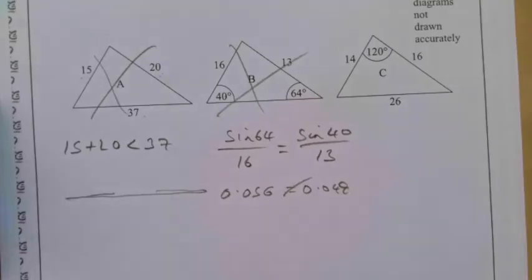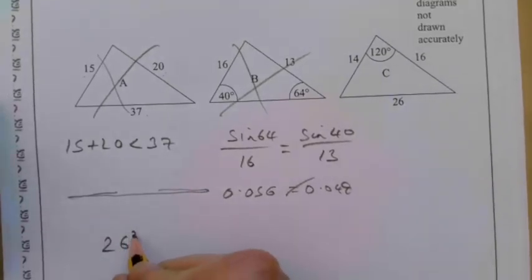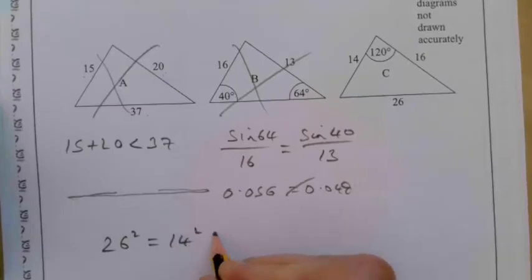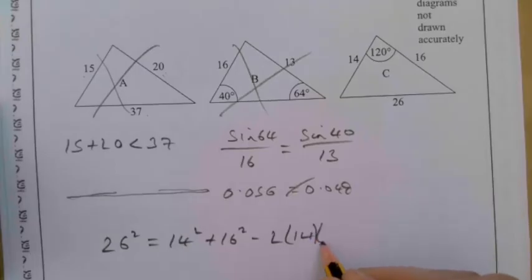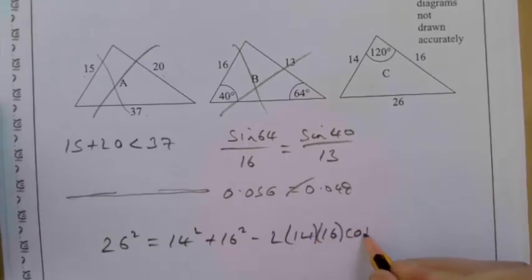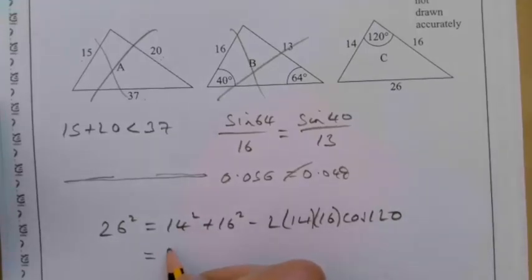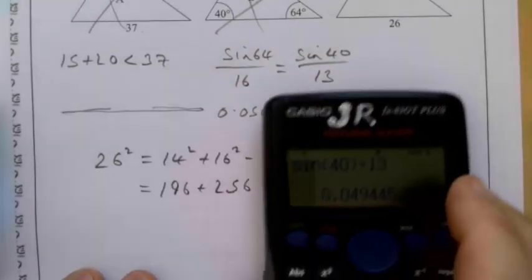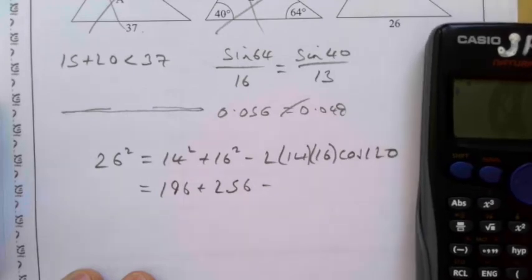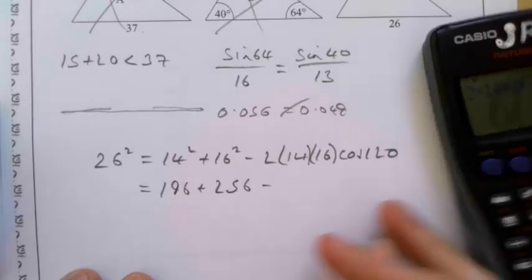So I guess the question is then, does 26 squared equal 14 squared plus 16 squared minus 2 times 14 times 16 cos 120. So let's see, that's 196 plus 256, take away 2 times 14 times 16 times cos 120, and that equals minus 224.